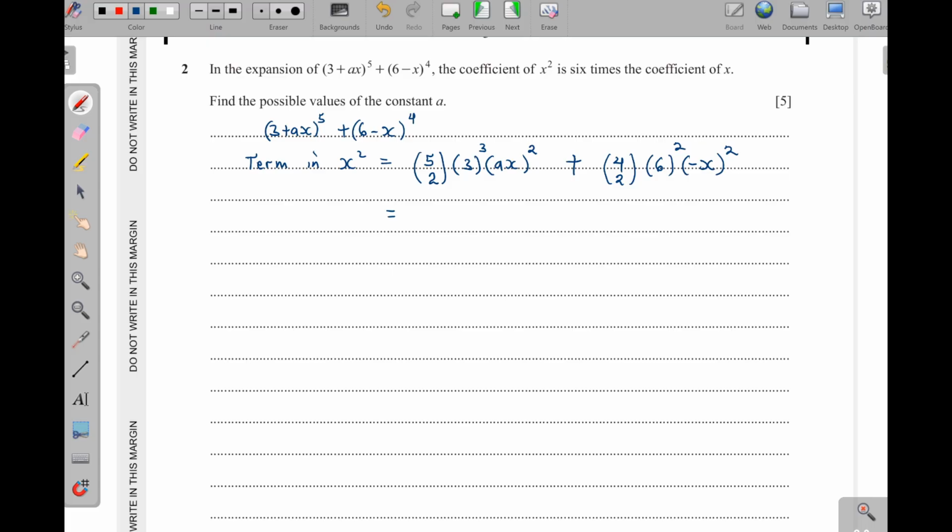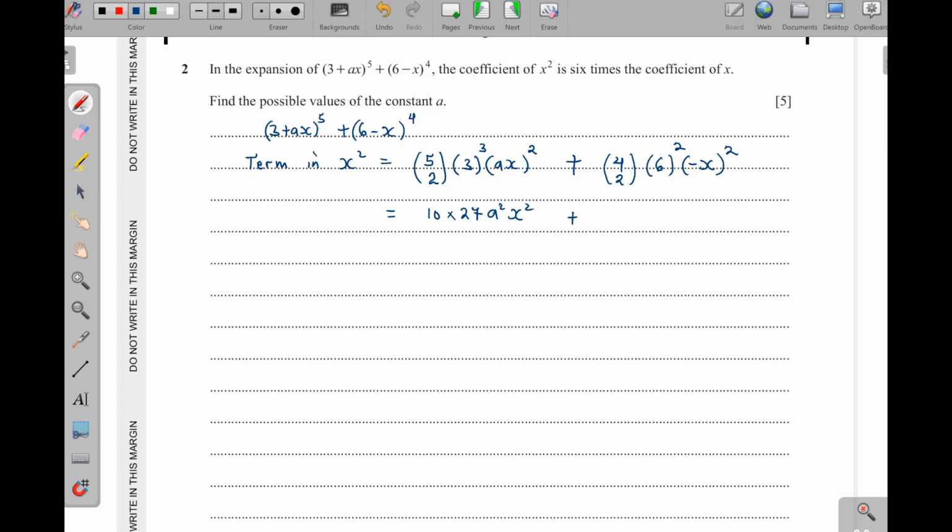5 combination 2 is 5 times 4, 20, divided by 2, that will be 10. Okay, so we shall get 10, then times 3 cubed is 27, then a squared, and then x squared.